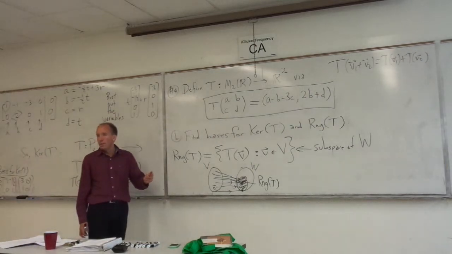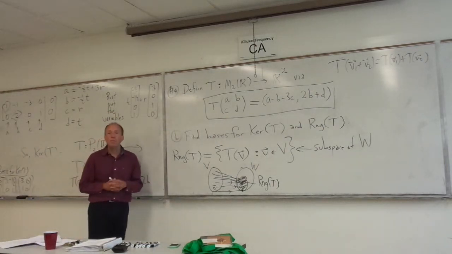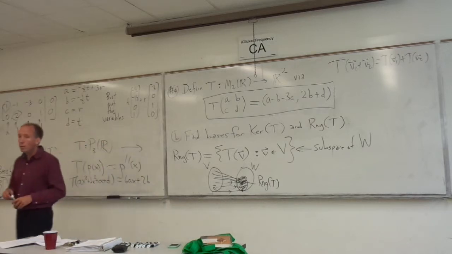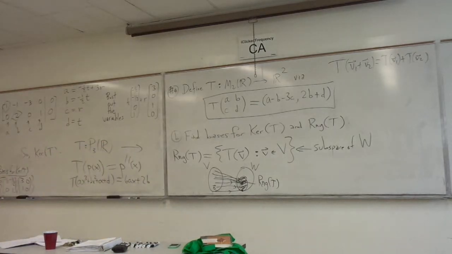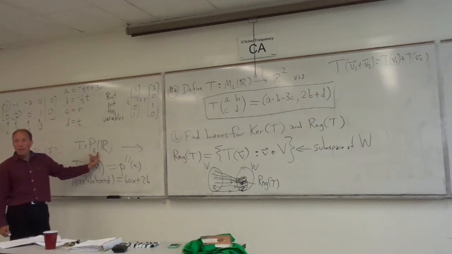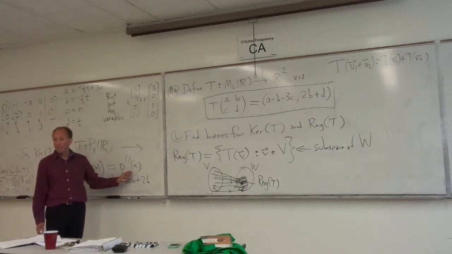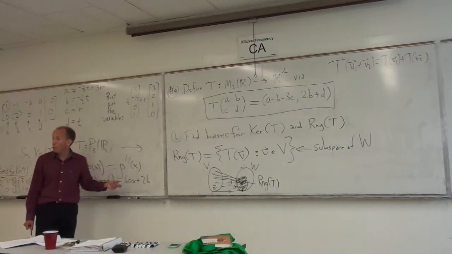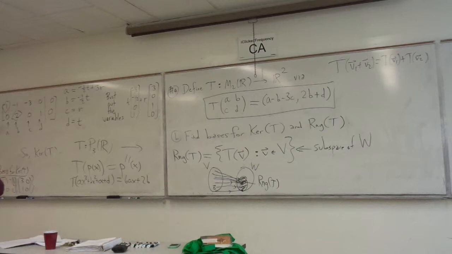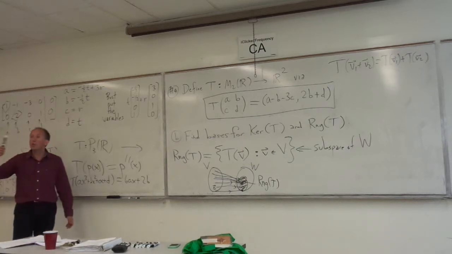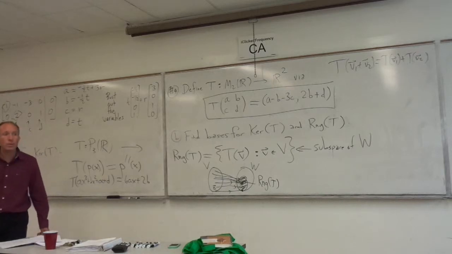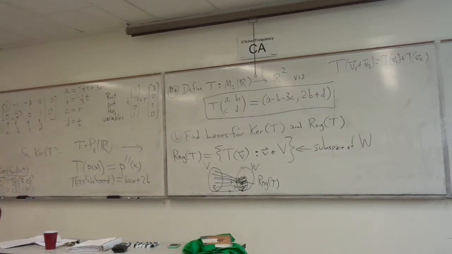Okay? So for example, if my transformation starts with polynomials of degree 3 or less and takes two derivatives of that, you can pretty much be guaranteed that your polynomials are going to drop down in degree. As you take derivatives, the power rule brings them down.